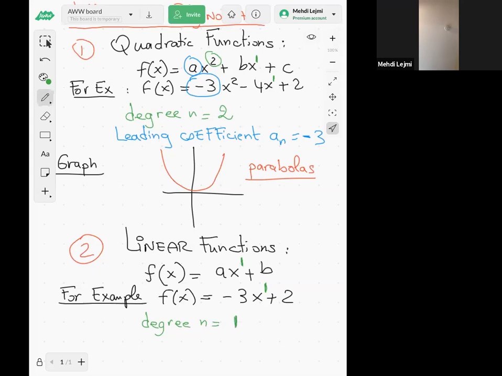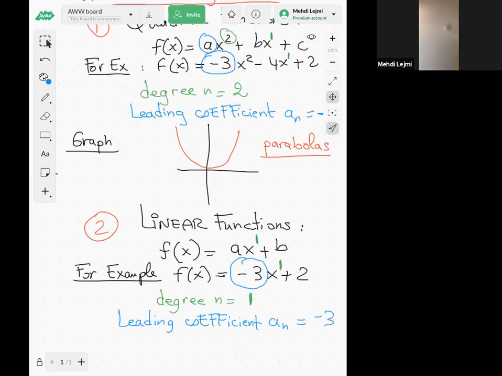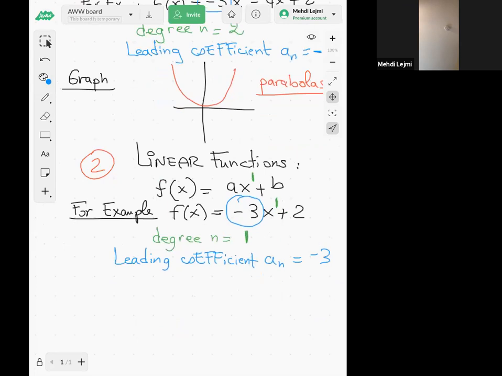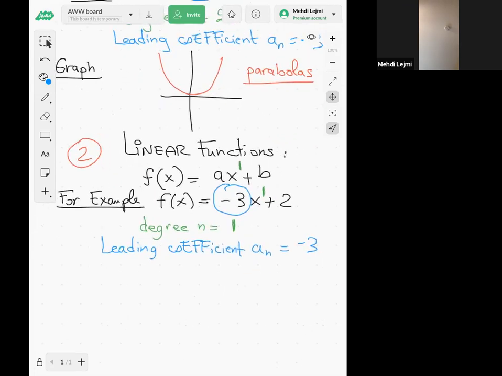And what will be the leading coefficient? That will be this number in front of x, the -3. Now, what does the graph of linear functions look like?